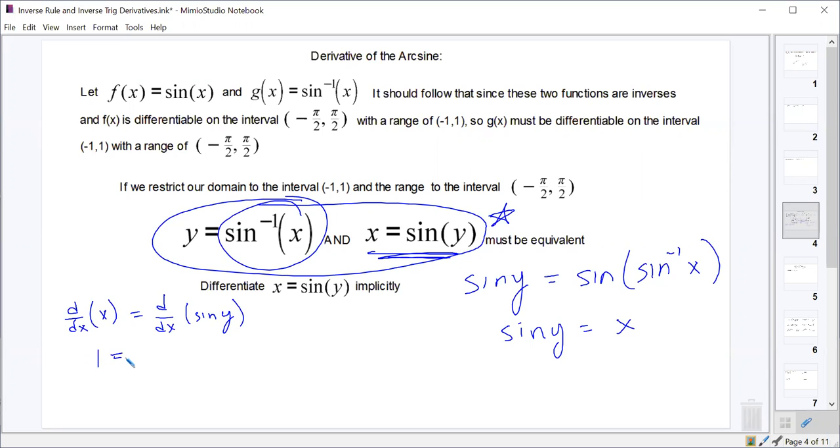And on the right, what's the derivative of sine y? Cosine y dy dx. So what does dy dx equal? It equals 1 over cosine y. Everybody agree with that?